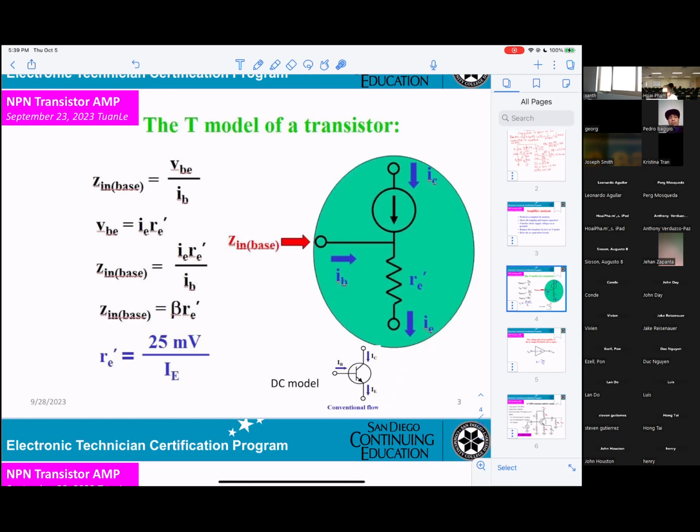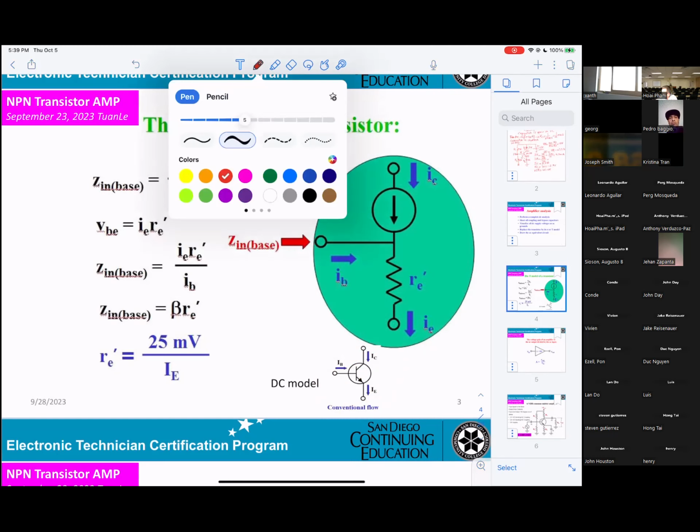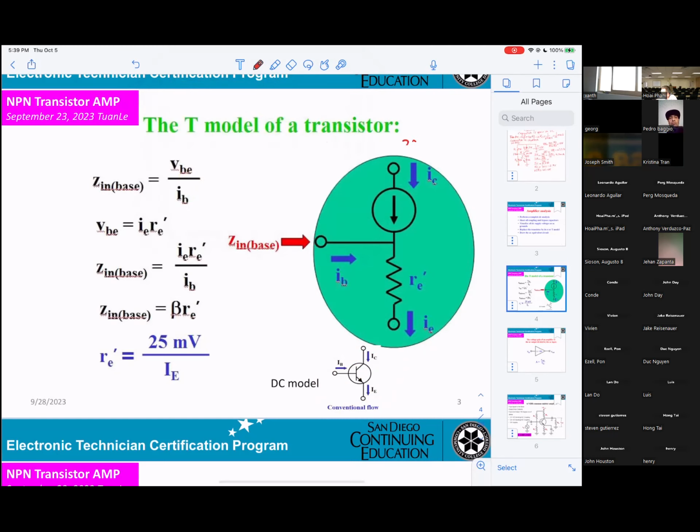Now, see what happened in the AC. This is the collector, this is the base, and this is the emitter. The transistor can be substituted by a current source going from collector to base.